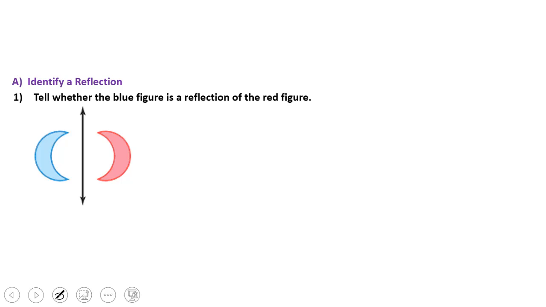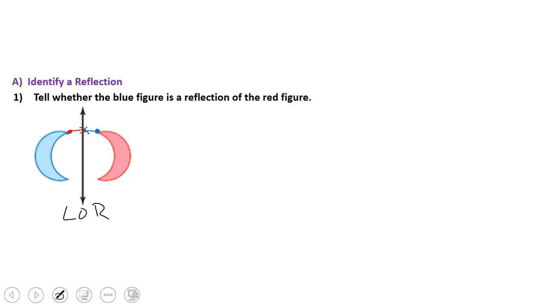But what we're going to do is we're going to take a look at this. So obviously we have the line of reflection right here, the black arrow, and we're going to see, is the blue figure a reflection of the red? So if we measure this point from here to here, is it the same distance as this original point to the line of reflection? And you know what? Just by looking at it, it seems to be.